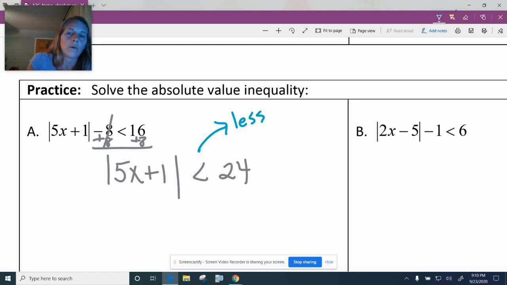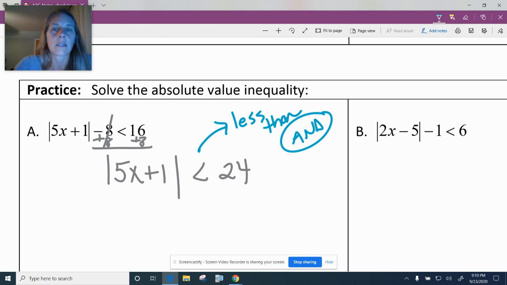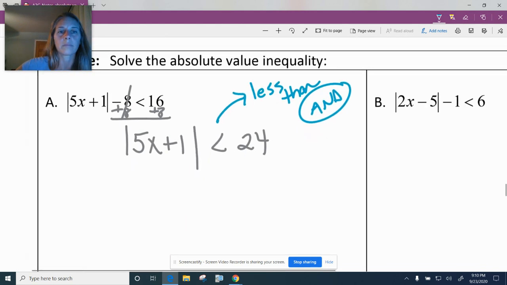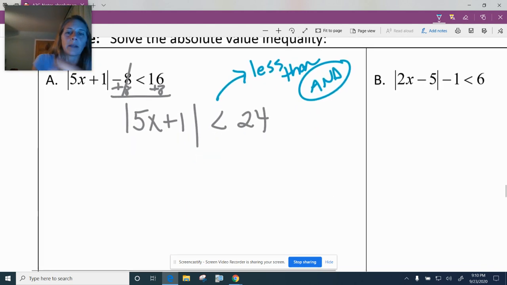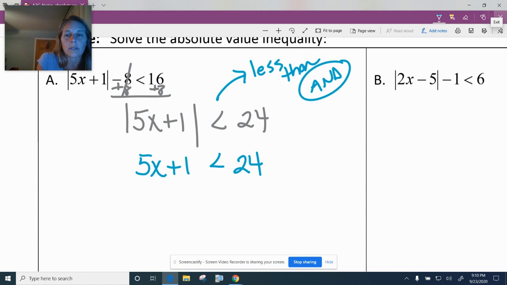So I know that this is going to be rewritten as an and problem. So when I go to rewrite it, my 5x plus 1 is going to go in the middle. My less than 24 goes on the right, and another less than sign with a -24 all the way on the left. Now I'm solving for x by itself in the middle.